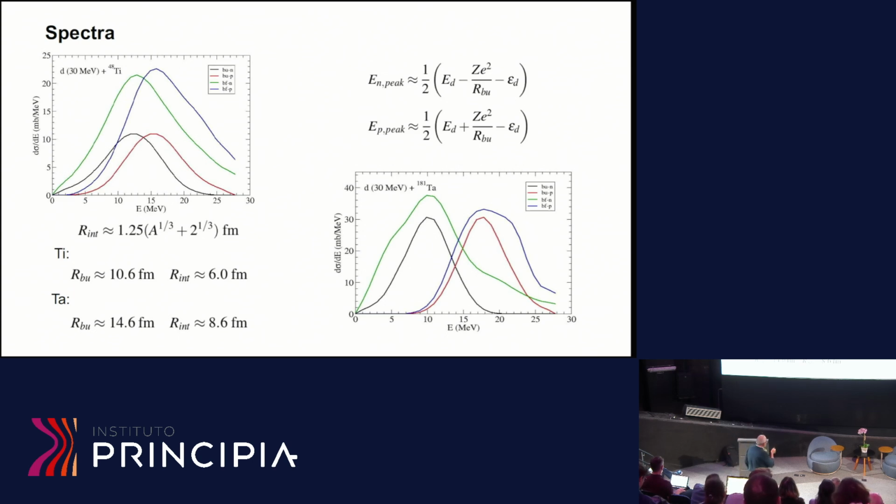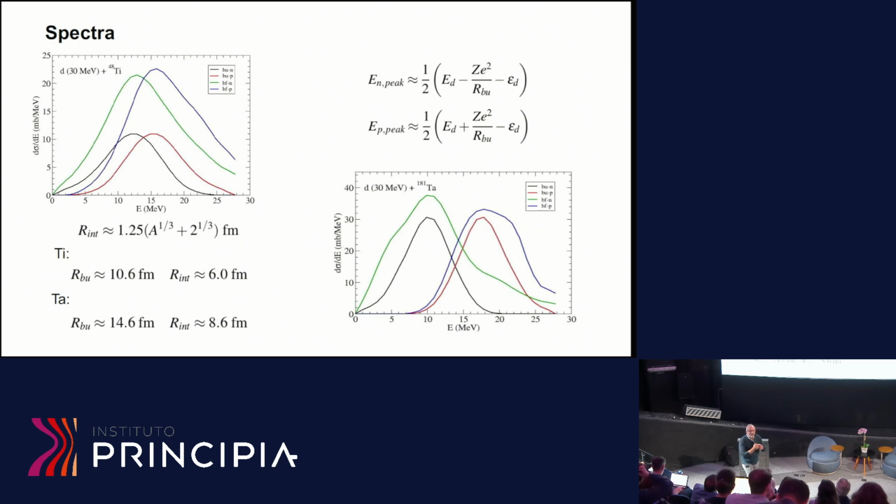But one of the things that I want to point out here is that you can understand the difference between the peaks in the two if you think in terms of simple classical physics. When the deuteron comes in, it's slowed down because of the Coulomb interaction. And so at the breakup point, you expect that the total deuteron energy is going to be the initial energy minus the Coulomb energy at the breakup point.